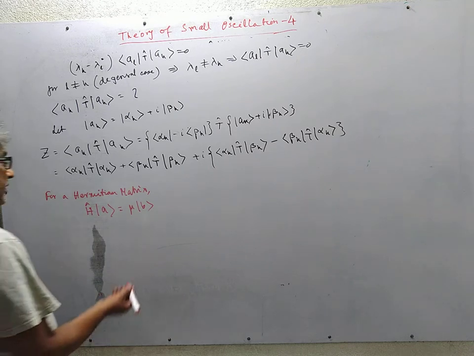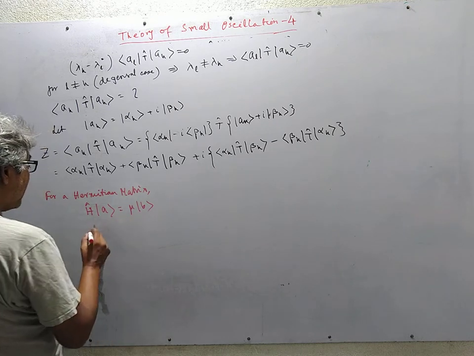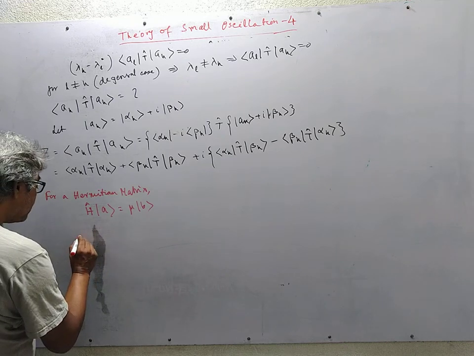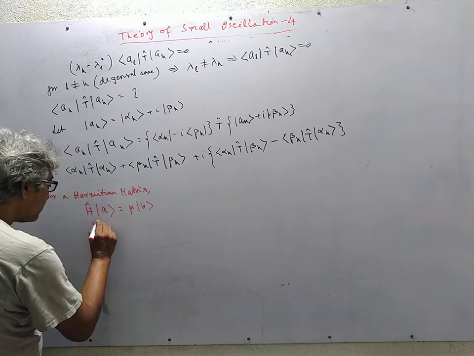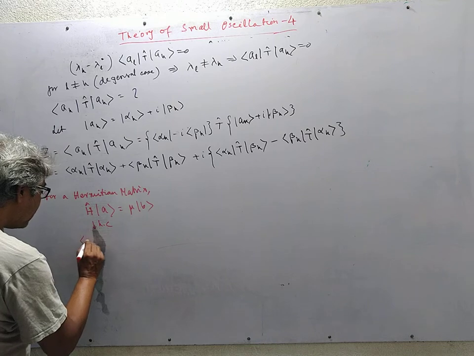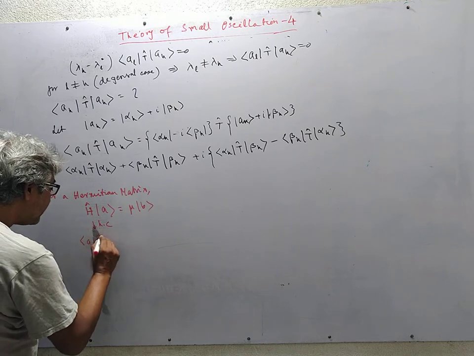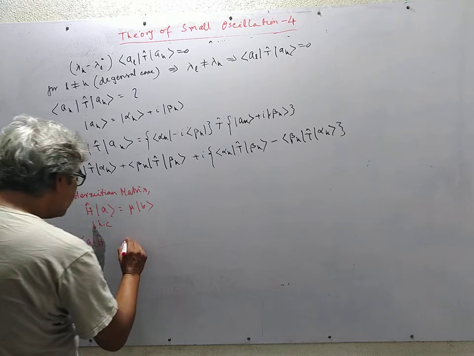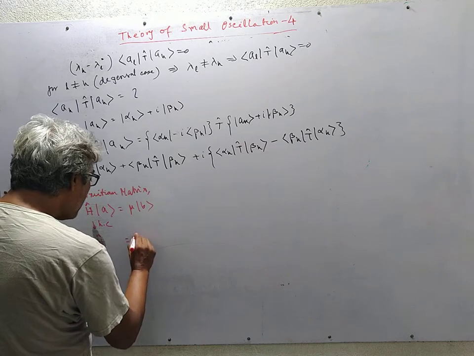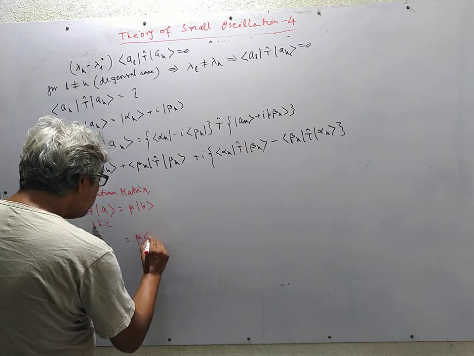If we take the Hermitian conjugate, we get <A|H dagger, which is equal to H, equal to mu bar <B|.